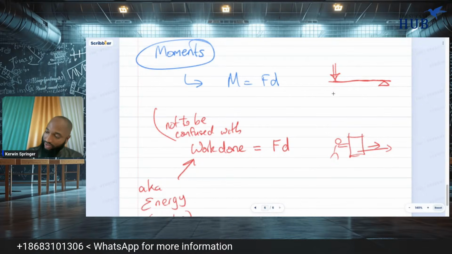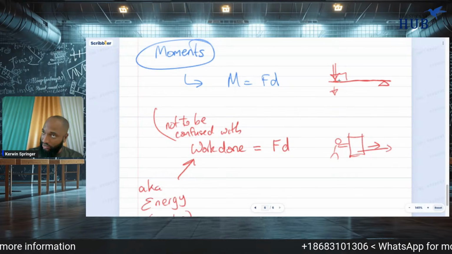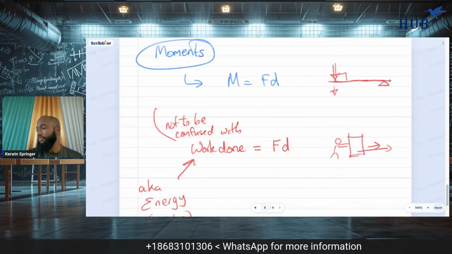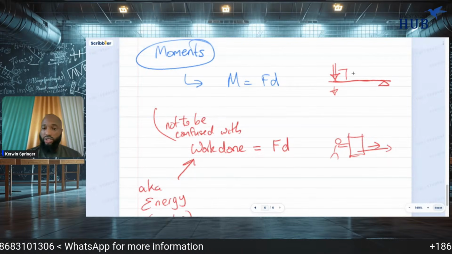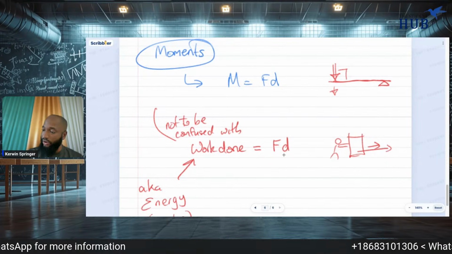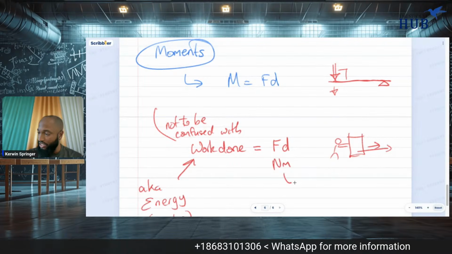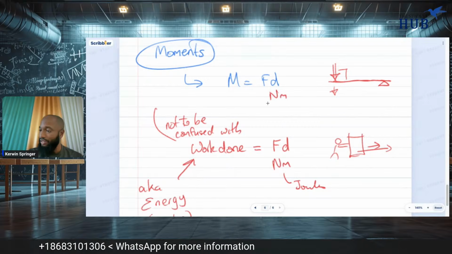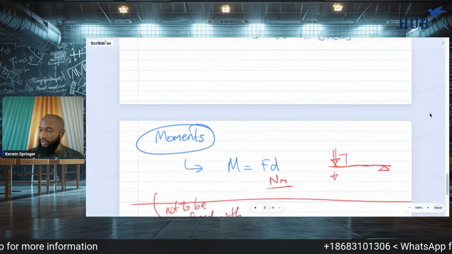So the line of action of the force is perpendicular to the distance from the pivot. Everybody understand the difference there? So they are perpendicular to each other here, but they are parallel to each other here. This one is Newton meter, and this Newton meter does give you joules. This one is also Newton meter, but this can't give you joules because they're not spatially oriented the right way.